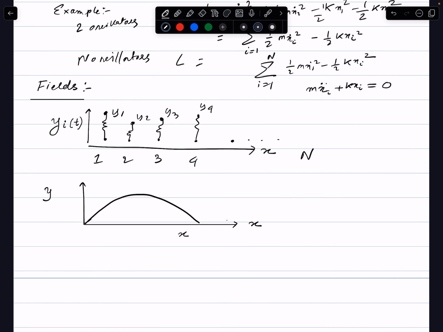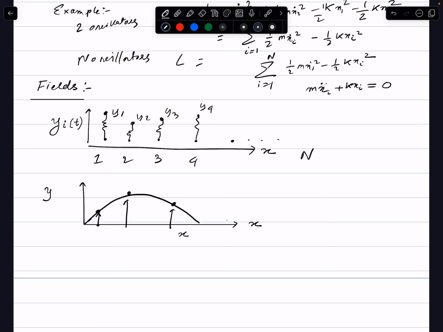Now suppose that instead of a finite number of oscillators, I have one continuous string, like a guitar string or any string, which I can pluck. Then all of it will move. At each point I have one degree of freedom, because this point could be somewhere along the y, and this point could be somewhere else.